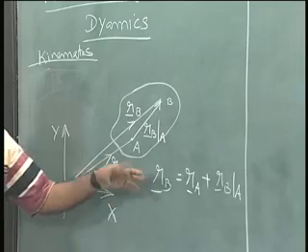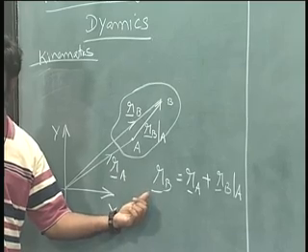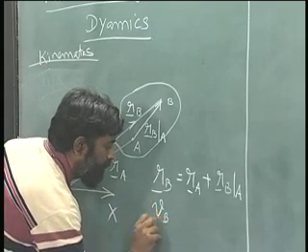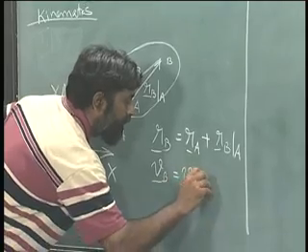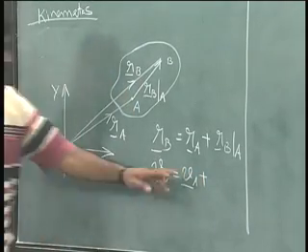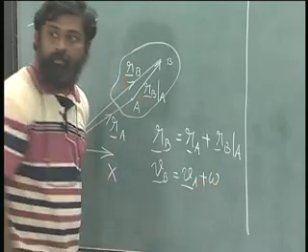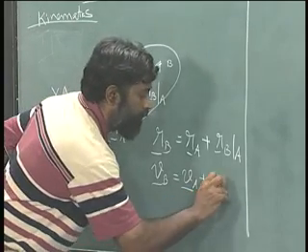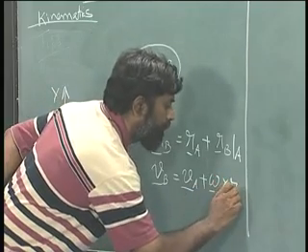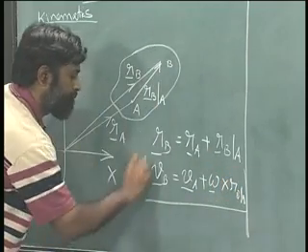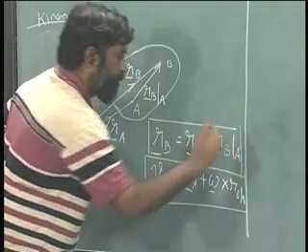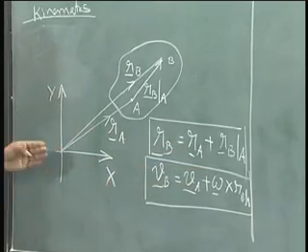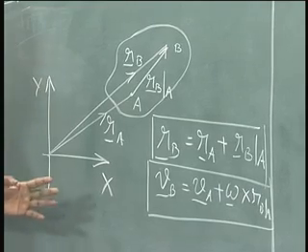When we take the derivative, we understood that the derivative concerns the magnitude and the direction, and therefore we found that the velocity of B can be determined using velocity of A plus omega, which is the angular velocity at any instant that we are talking about, cross R B with respect to A. Remember, each one of these quantities are defined with respect to the fixed frame, very important.